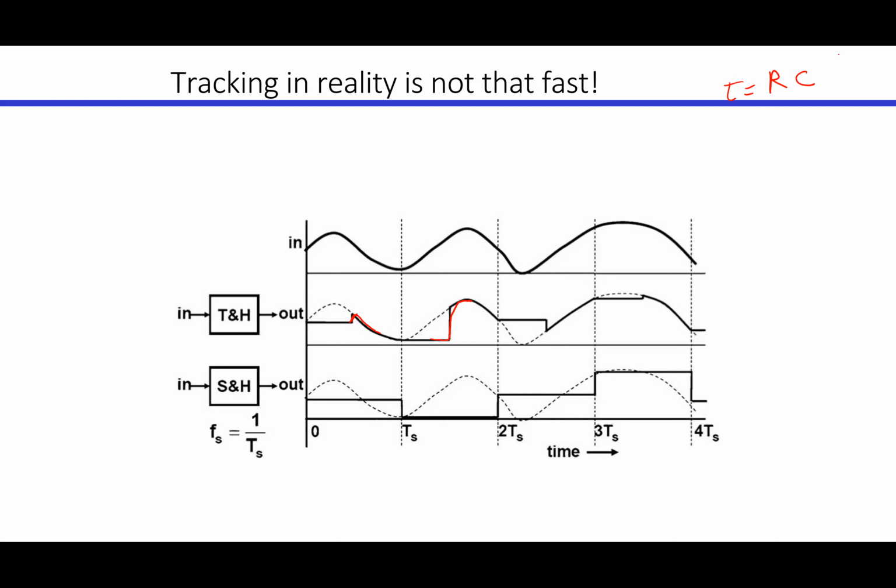Then we will have a shorter time constant that allows us to reach the desired value quickly. The bandwidth is 1 over RC, so they are inversely related, and the time constant decides how long it takes to rise to the desired level.